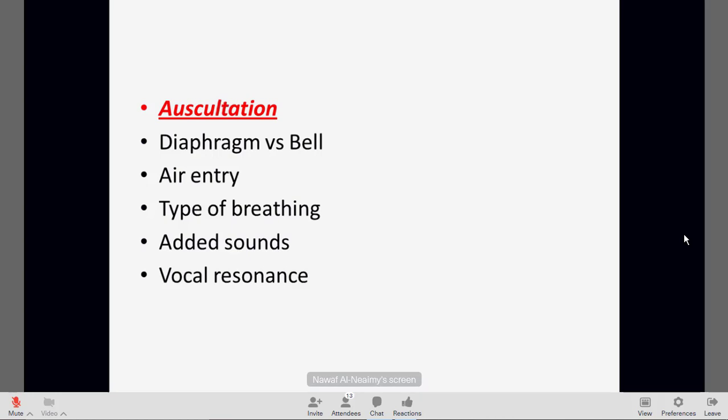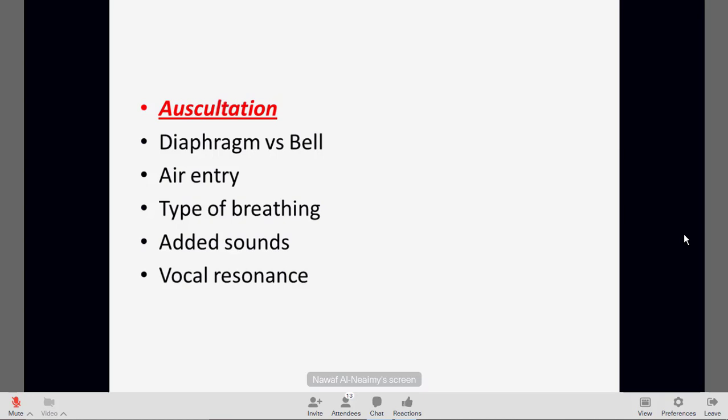Another important thing that you should know is that when you use the bell in any regard, whether for the respiratory examination or the precordial examination, you should notice that when you apply the bell over the chest, it is put gently over the chest. Do not press too firm on a bell.